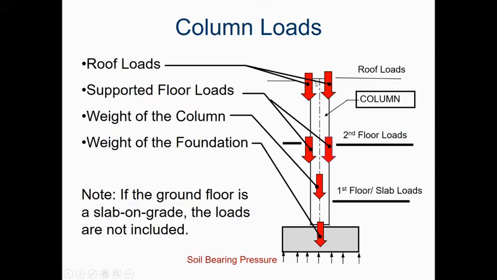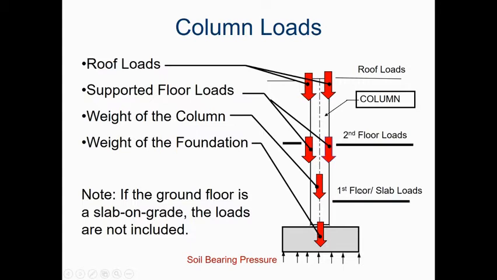If we look at this diagram, notice here that we have a number of loads coming down the column. First one is our roof load, so any load from the roof is applied to the top of that column. We then have our second floor load that's applied to the column.